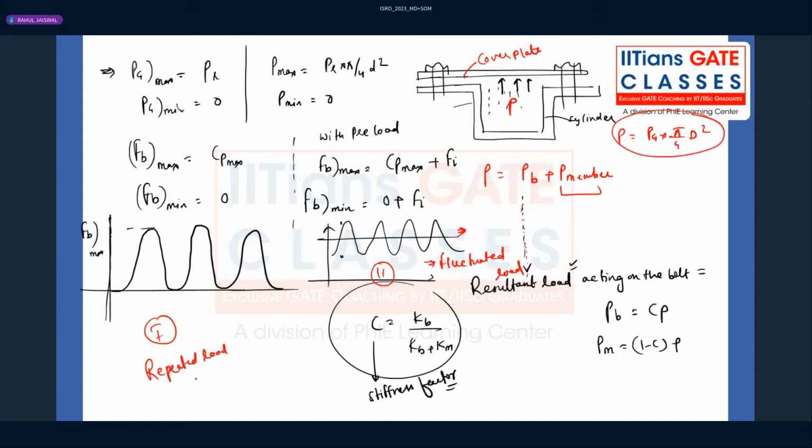So actually, what is happening? The amplitude of the stress, that is sigma max minus sigma minimum by 2, is getting reduced by the fluctuation. Here we get the maximum value of the amplitude, but here we get a somewhat lesser value because sigma minimum is 0 in this case. But here we have at least some sigma minimum, which will reduce the amplitude values.